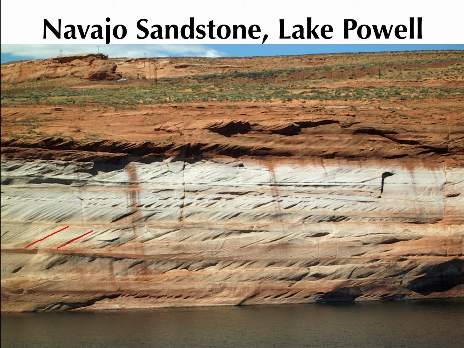You can see some more sets of crossbeds here. The crossbeds in a few places are cross-cut by surfaces that dip in the same direction, but at a lower angle than the crossbeds themselves. These would be reactivation surfaces.